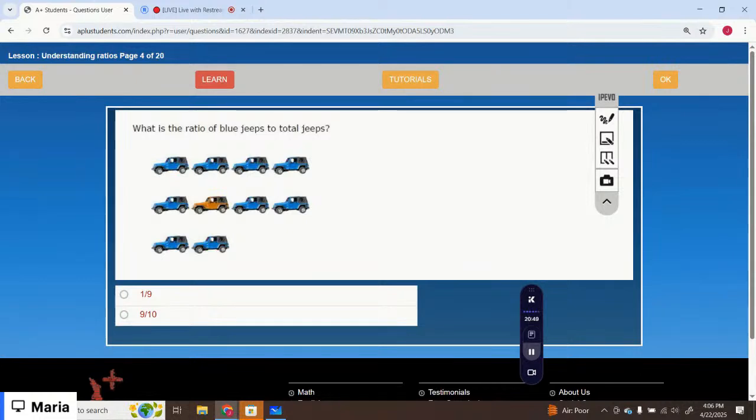What is the ratio of blue jeeps to total jeeps? That is 9:10. Option number 2 is the correct option.